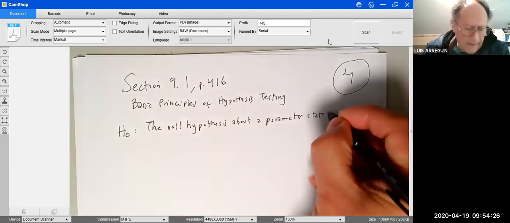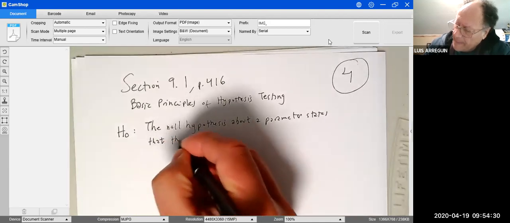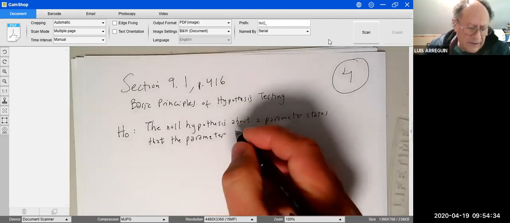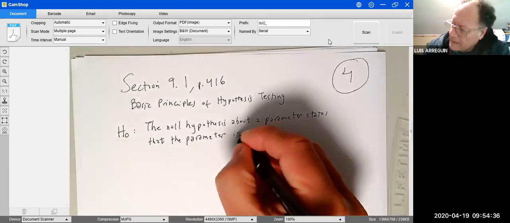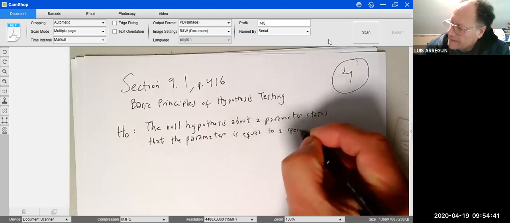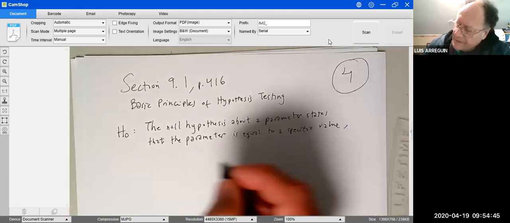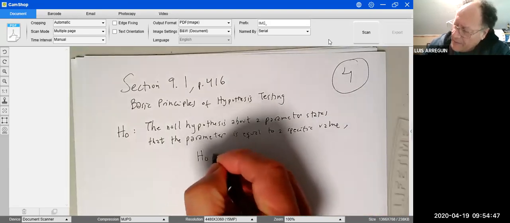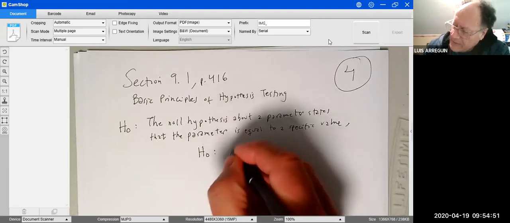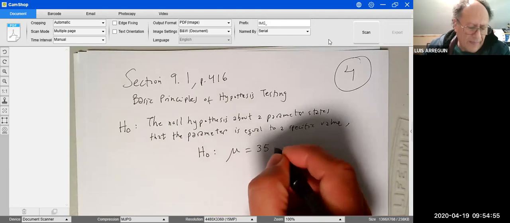about a parameter states that the parameter is equal to a specific value. For example, we might have a null hypothesis that says that the mean is equal to 35.